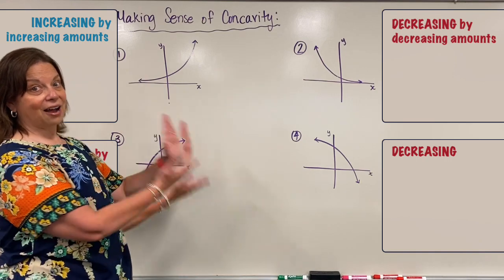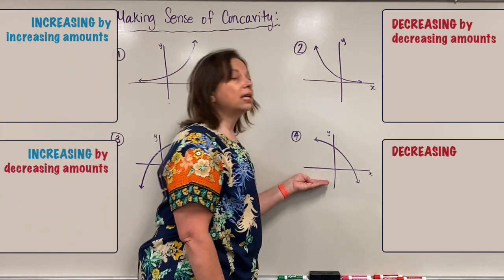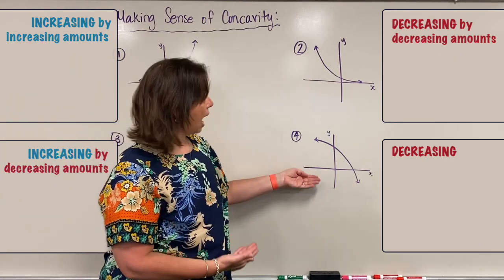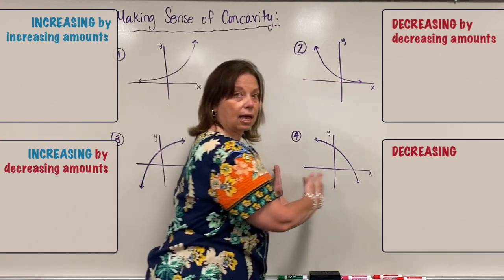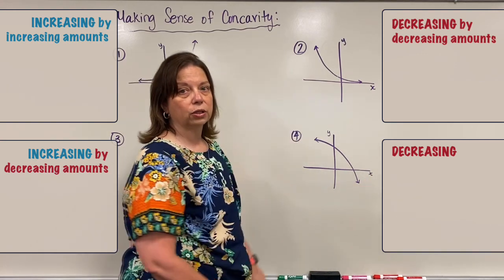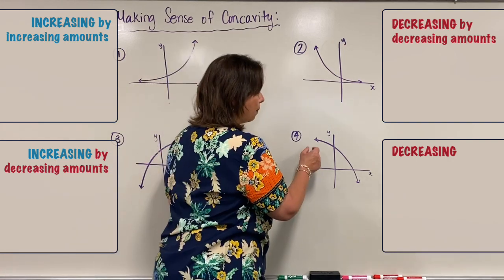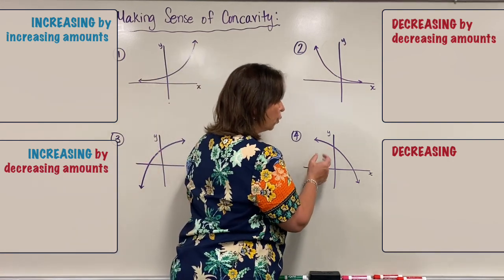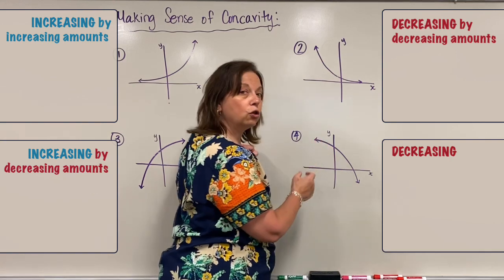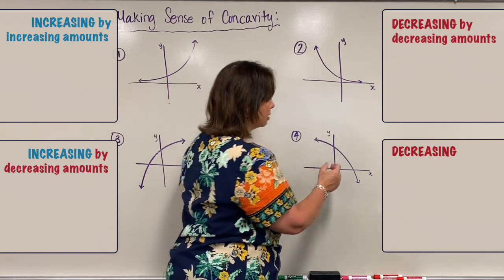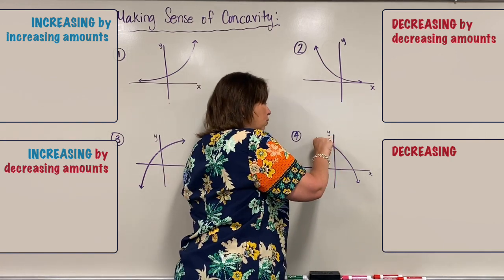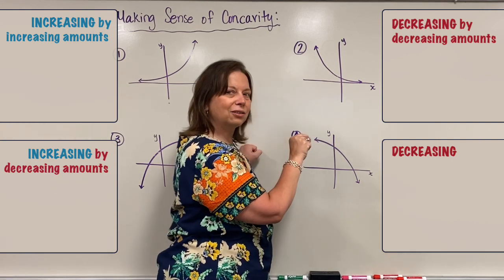All right, graph 4. Over here, once again, we categorize this function as decreasing. Again, as X increases, the Y values were decreasing, but how are those Y values decreasing? If we imagine vertical changes happening for uniform chunks of X, I have some amount of X over here that decreased, but not too much.